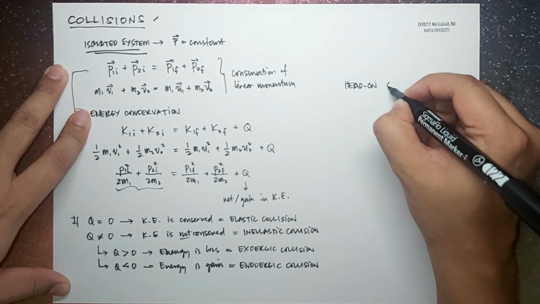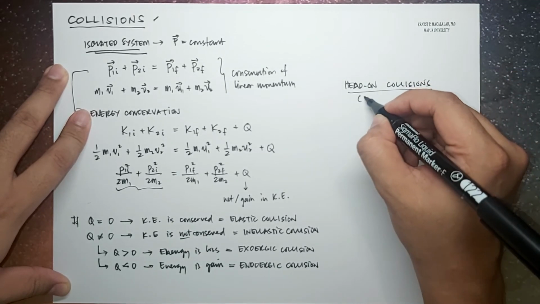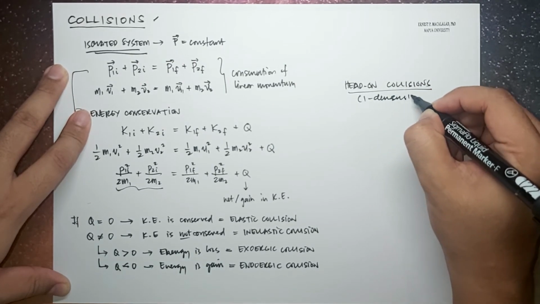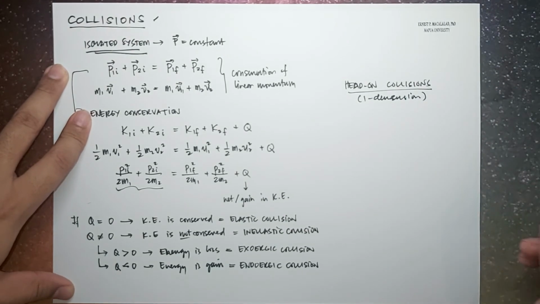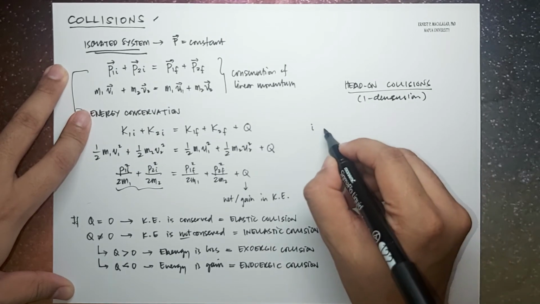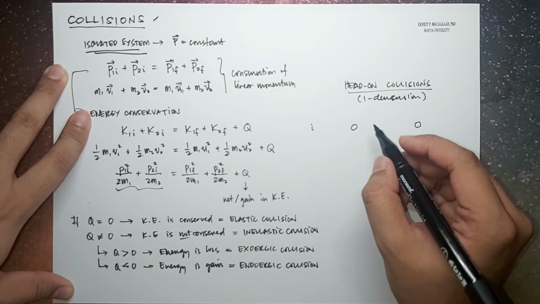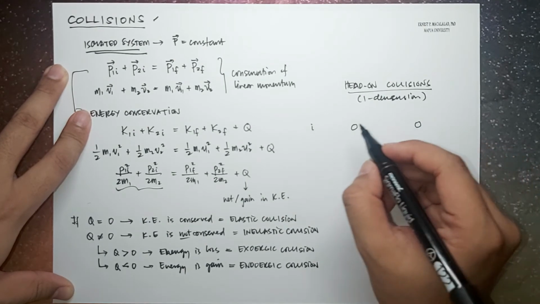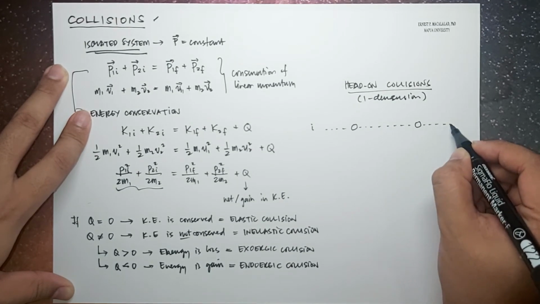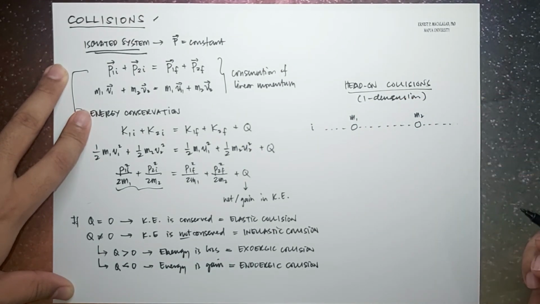head-on collisions, wherein the collision happens in one dimension. So what does it mean? For example, initially, if the two particles are moving relative to each other on a straight line, the first particle m1 and m2 have velocities.